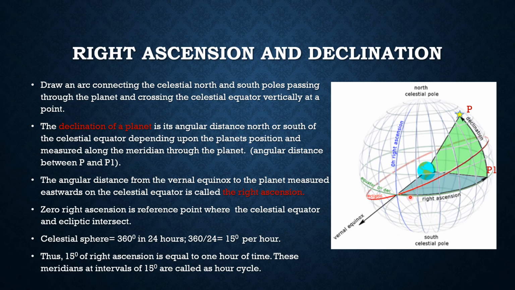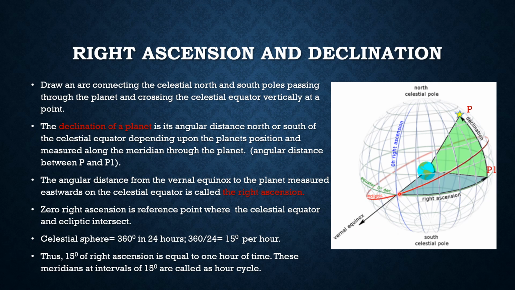So between 0 and the first meridian there are 15 degrees, and 15 degrees is equal to 1 hour of time. So what we said: 360 degrees divided by 24 hours will give you 15 degrees per hour.